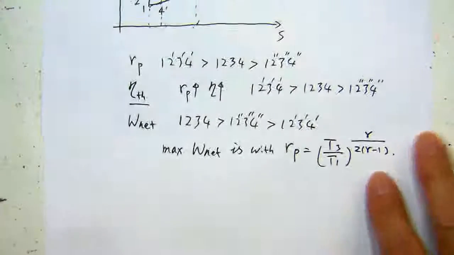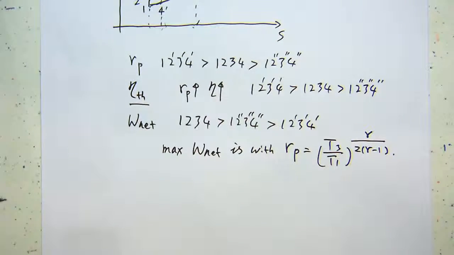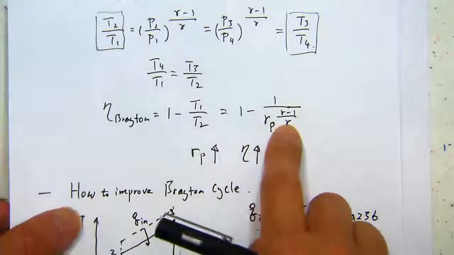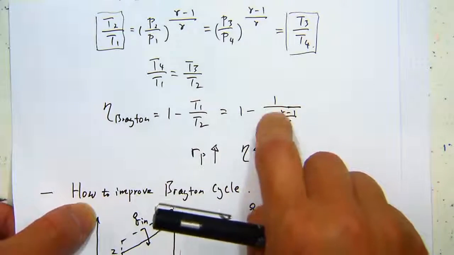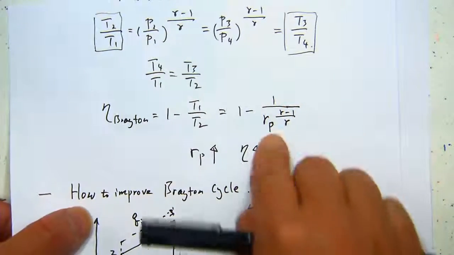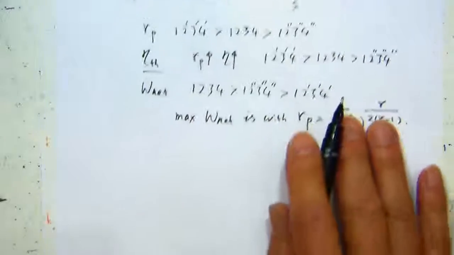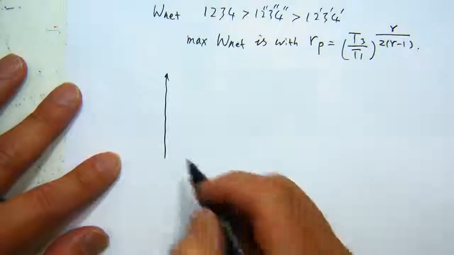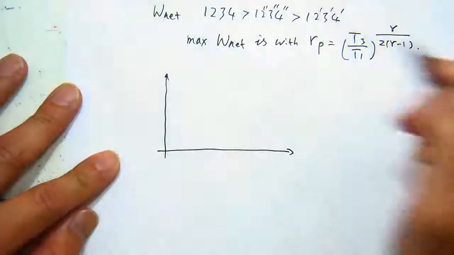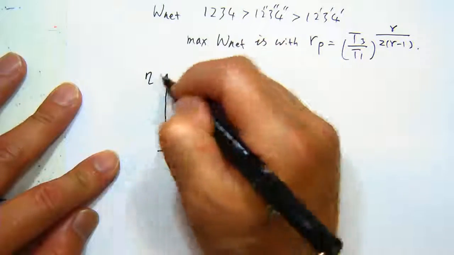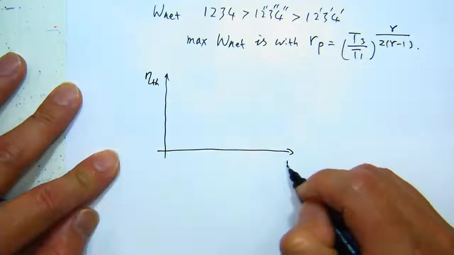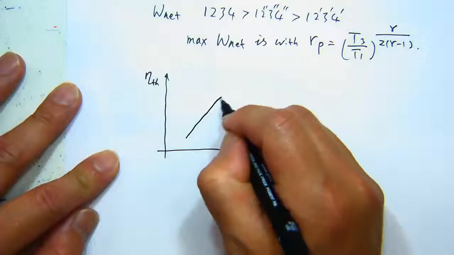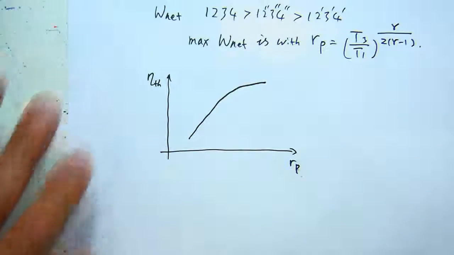So if you plot the equation we derived earlier, which is efficiency as a function of the pressure ratio Rp, you will have a curve like this.